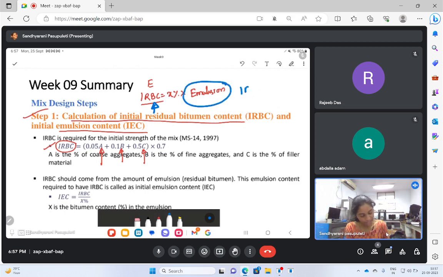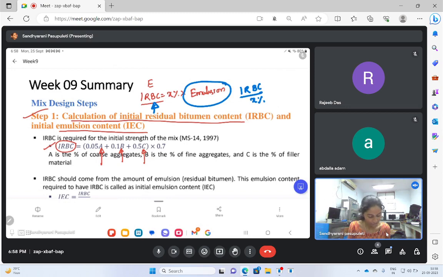Emulsion would be the initial residual bitumen content divided by X percent. This is how we calculate the initial emulsion content. Our main aim is to find out how much emulsion we have to use. That X is the bitumen content percent in the emulsion. So if you know the initial residual bitumen content, from that we can calculate the initial emulsion content.